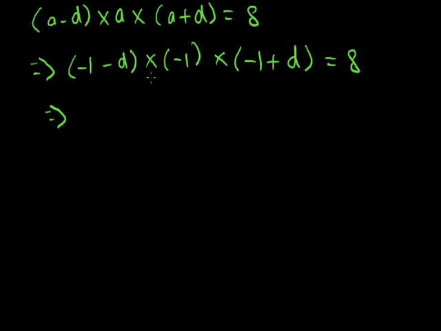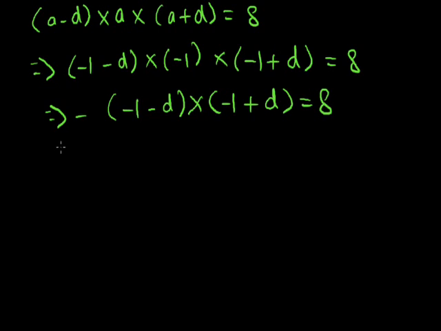As we see that there is a negative -1, it will become minus of (-1 minus D) into (-1 plus D), which is equal to 8. Now we have to remove the bracket. -1 into -1 will become +1. -1 into plus D will become minus D. Minus D and -1 will become plus D, and minus D and plus D will become minus D square, which is equal to 8.